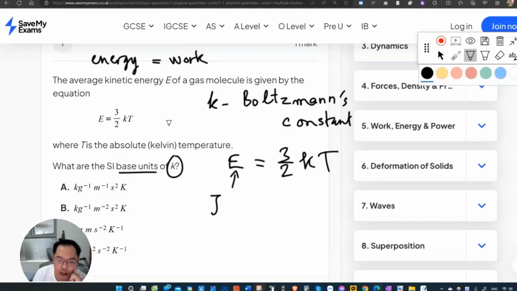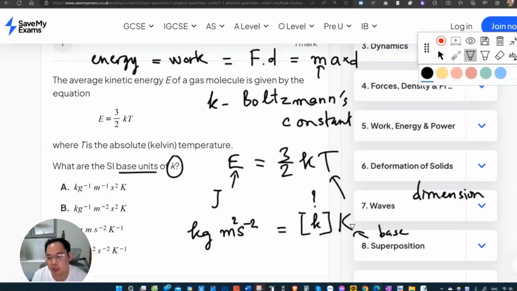The 3 over 2 we can ignore, because we are analyzing the dimension, meaning the unit, of the quantities on both sides of the equation. Here is the unit of k, the dimension of k, that we need to find. The unit of temperature is Kelvin, which is a base unit. We don't need to convert it.